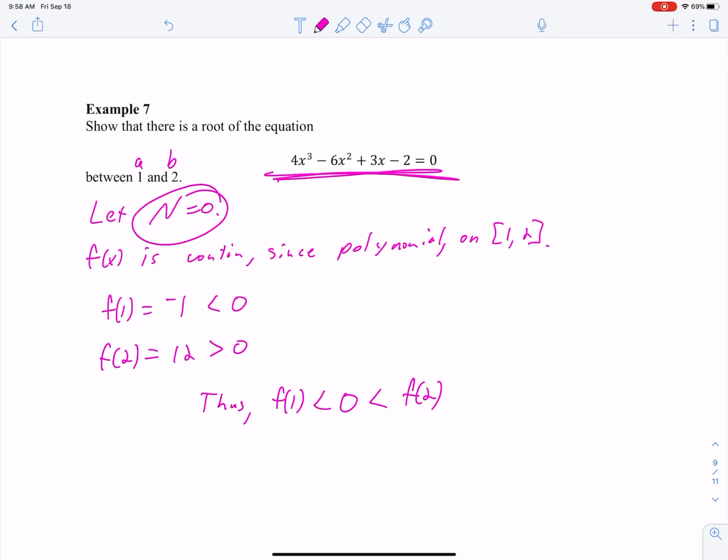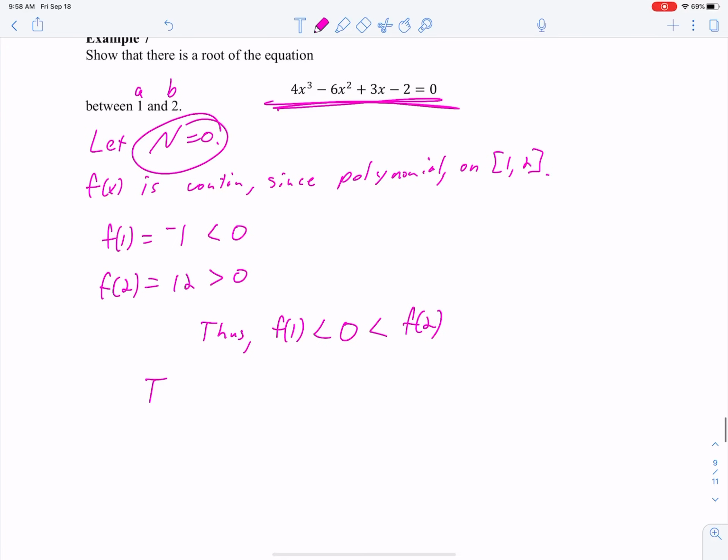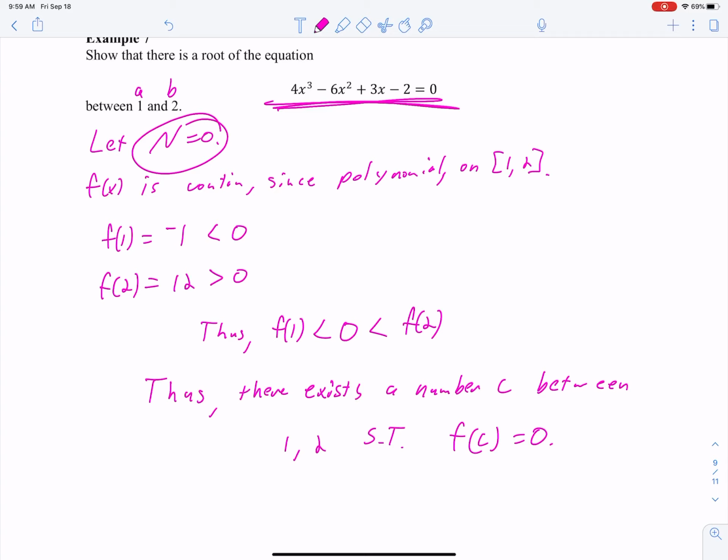Thus, by that theorem, there exists a number c between 1 and 2 such that f of c equals 0.